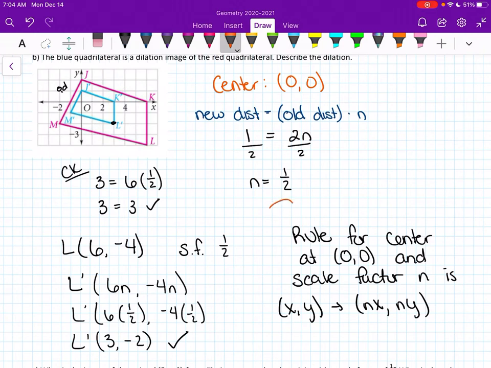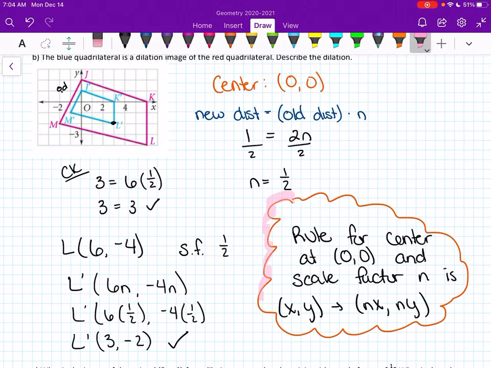All right, let me put that in some curly cues, make it all highlighted and pretty, so that you write it down somewhere, you remember it, maybe you highlight it in your notes for yourself. Okay, so we have a rule, and this is when we are centered at the origin and our scale factor is n.